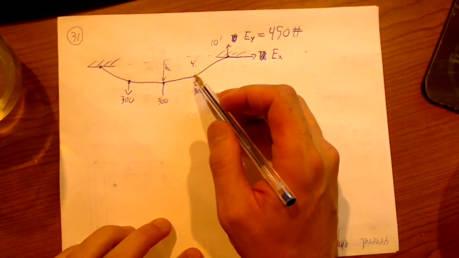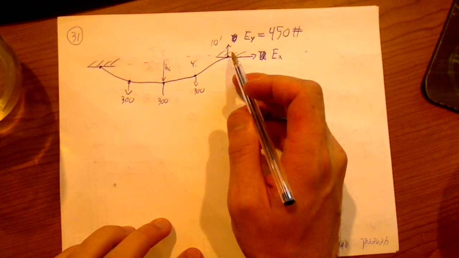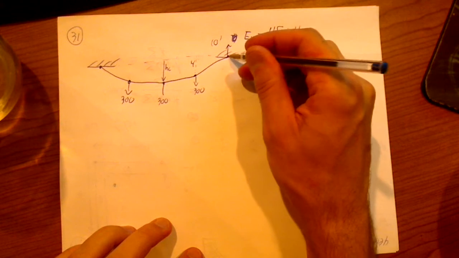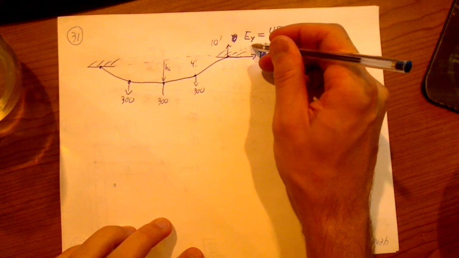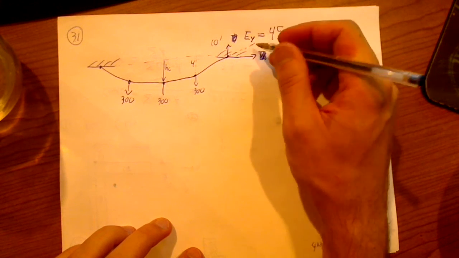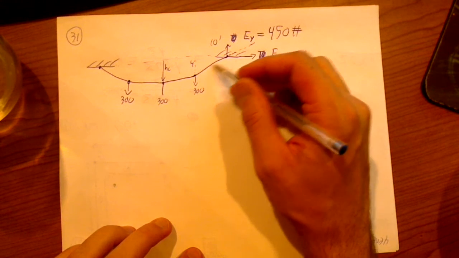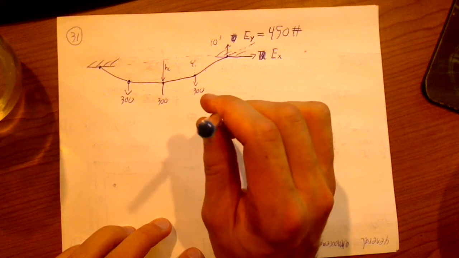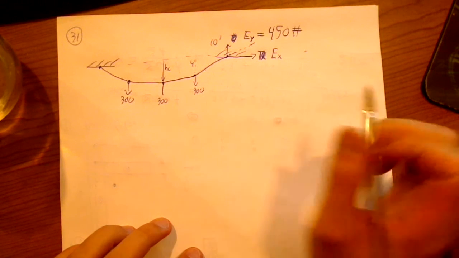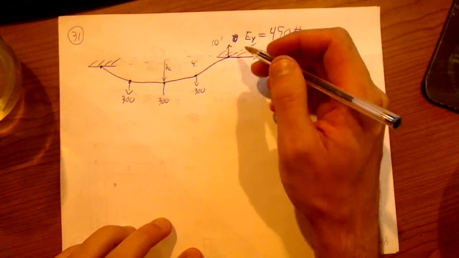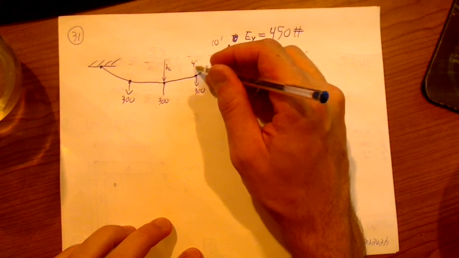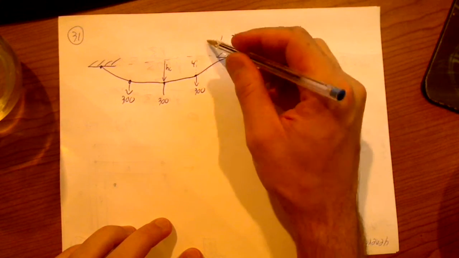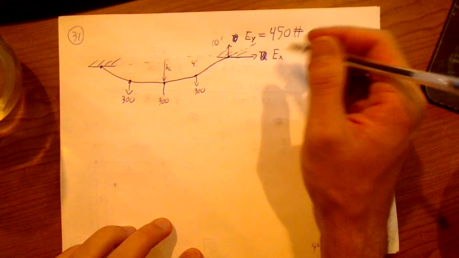This is a little harder because there's a sloped wire here, but we know that the total of EY and EX is some little vector here that is in line with this wire. So if you have a wire, the tension must be exactly along the wire. We know that for every 4 up and 10 over, it's the way the wire points.